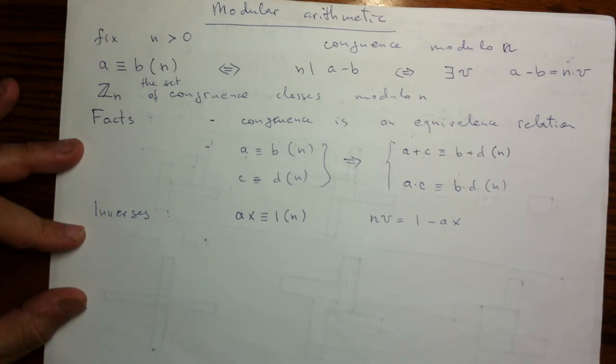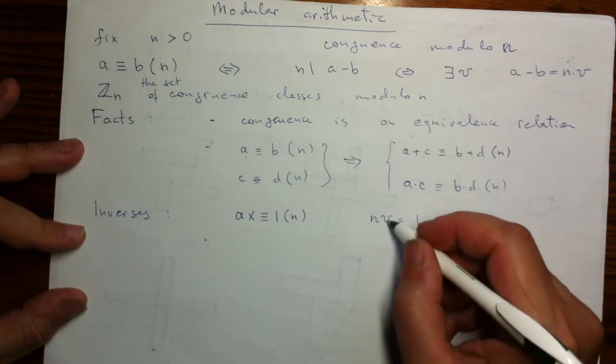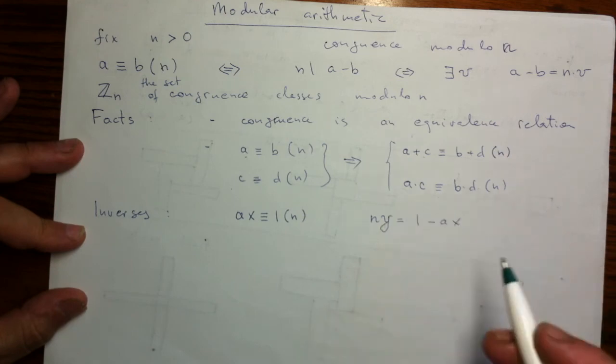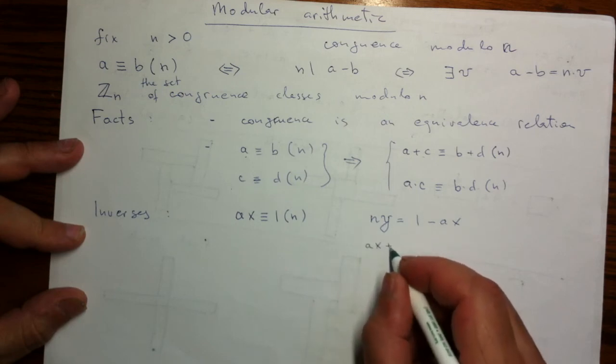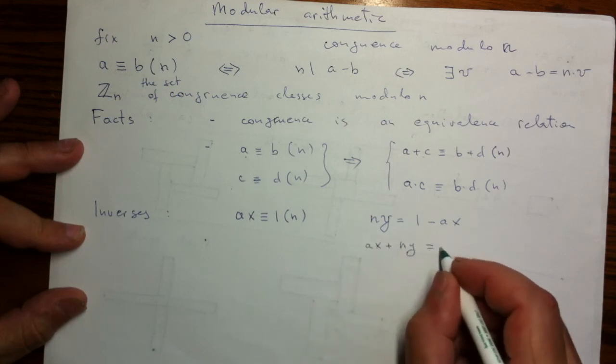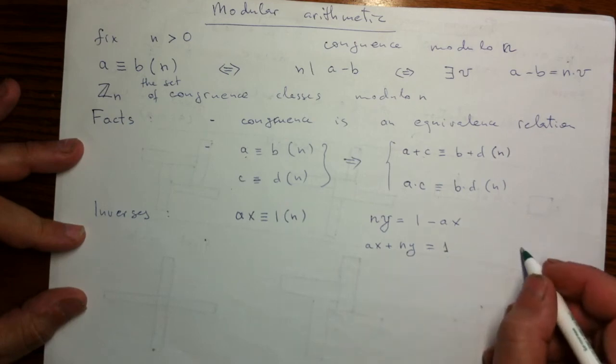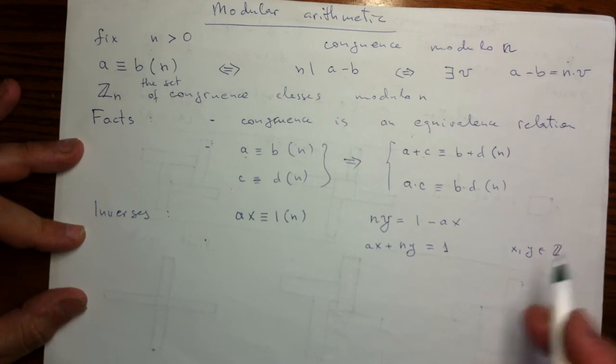And let me rewrite, maybe I will call it not v but y. And let me rewrite this equation in a better form, putting ax on the left. I will have this equation. x and y are my unknowns. They are to be found in integers.